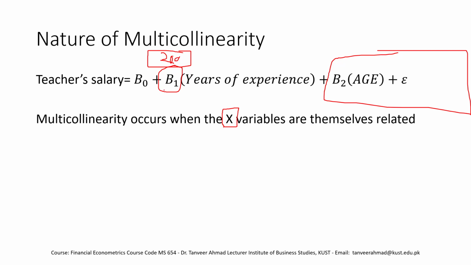But when there is a high correlation, you cannot say that an increase of 1 year of experience would increase the salary by $200, keeping the age constant, because we cannot keep the age constant and keep on increasing the years of experience. So you get an idea that when they are related, our interpretation starts to fall apart.